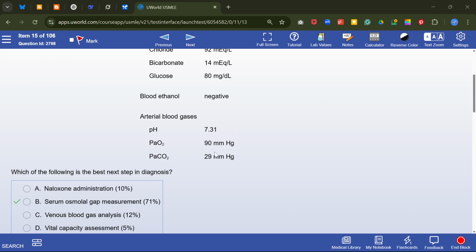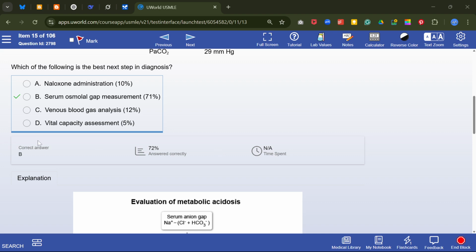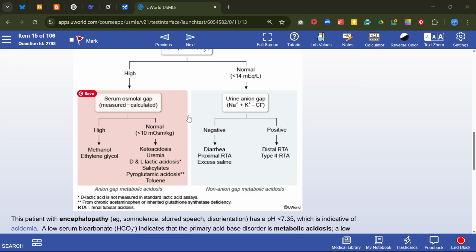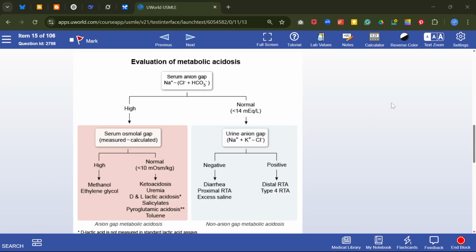What is the next step in the diagnosis? In metabolic acidosis, we need to do the serum osmolar gap. Serum osmolar gap is very, very high yield. These boxes are very high yield. If there is metabolic acidosis, we need to do the osmolar gap.